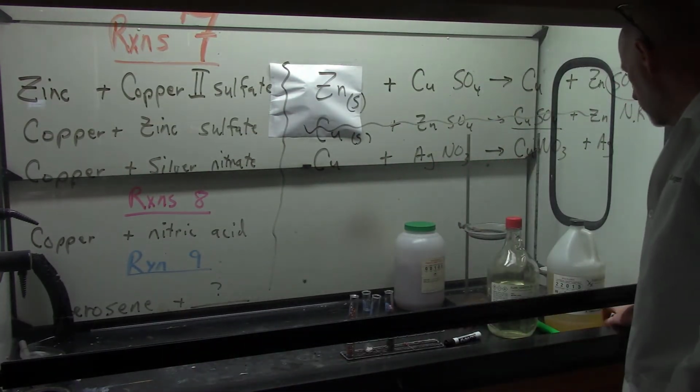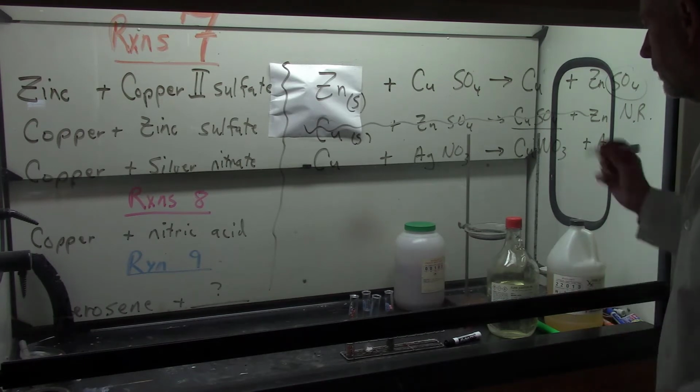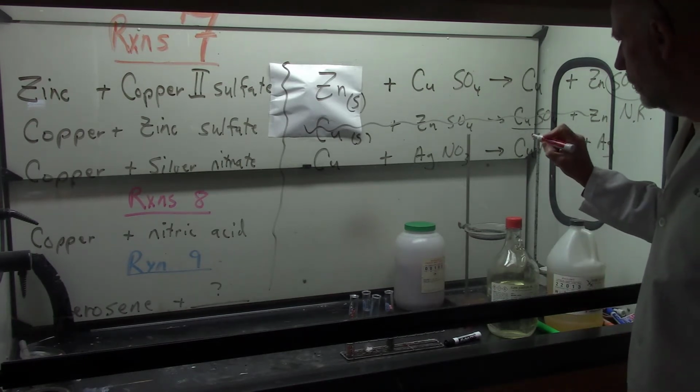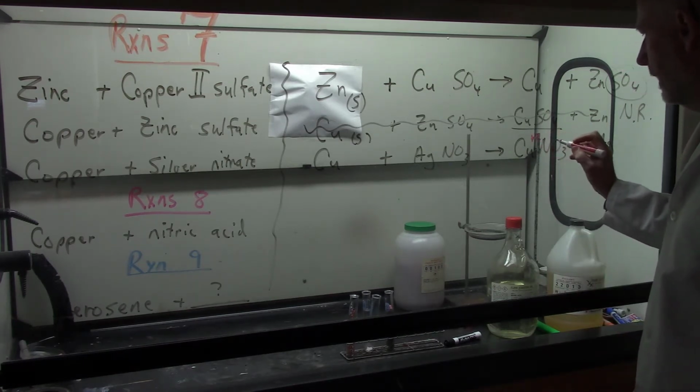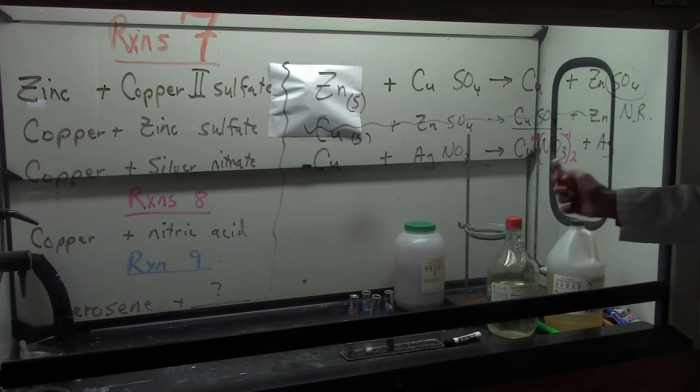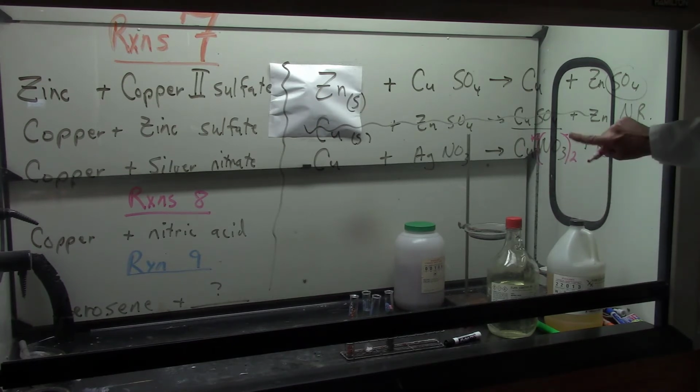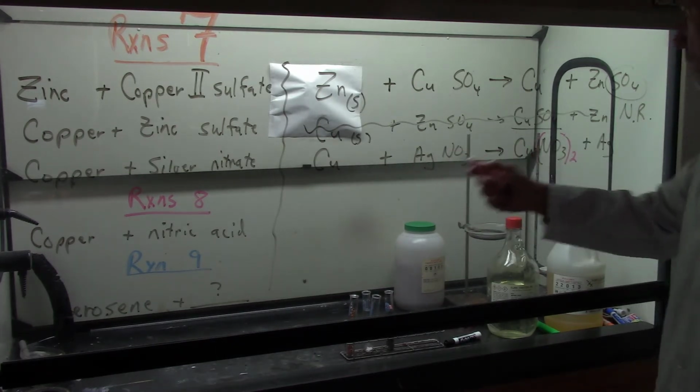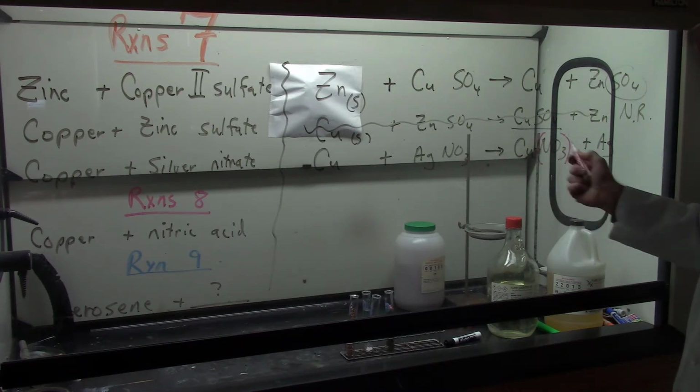One little change here is this. Copper is blue, so I'm pretty sure it has a +2 charge. Nitrate has a -1 charge. So if we crisscross applesauce, here's our formula. Cu(NO3)2. 1 copper, 1 copper, 1 silver, 1 silver. 1 nitrate, 2 nitrates.